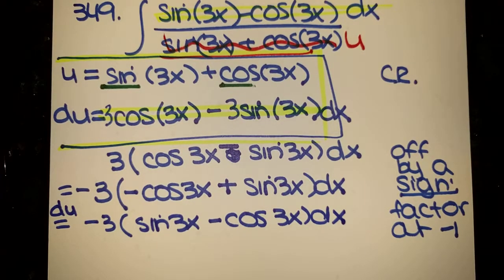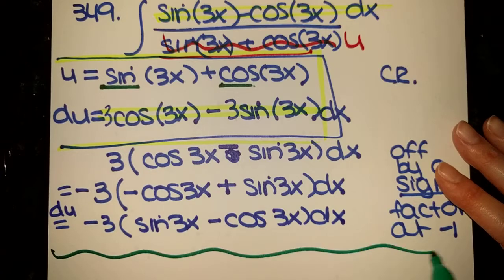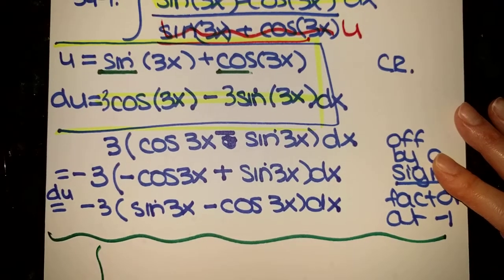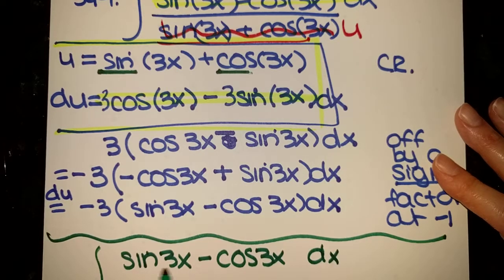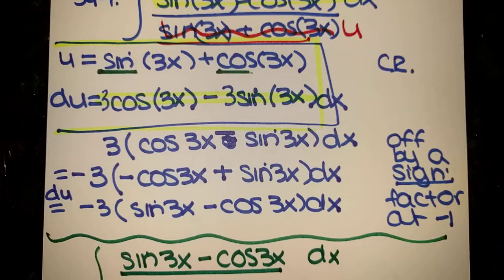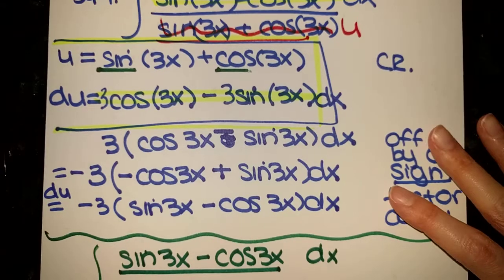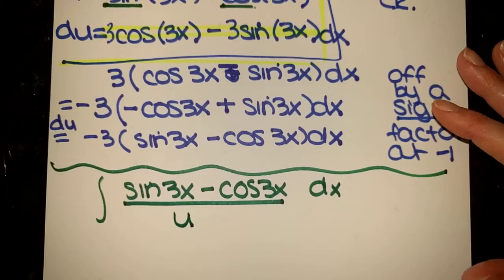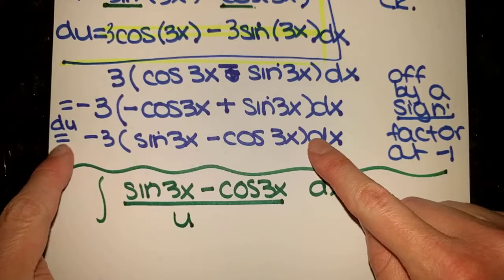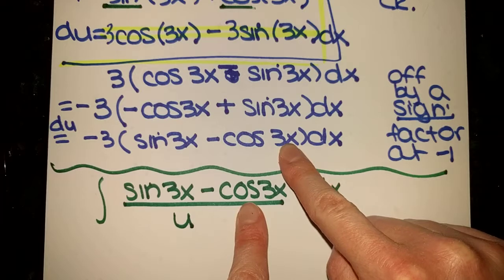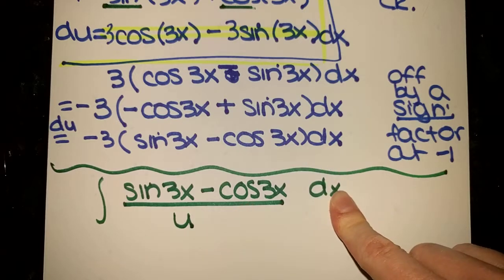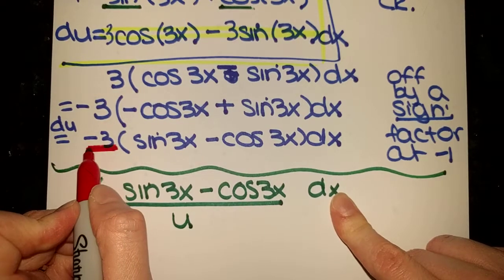Okay, so let's look at the integral as it currently stands and see where we can go from this. So we have the integral of sine of 3x minus cosine of 3x dx over, and we said the denominator, all that denominator can be replaced by u. Now, if you look at trying to get this du to appear here, you have the sine of 3x, you have the negative cosine of 3x, and the dx, but you do need a -3 here.